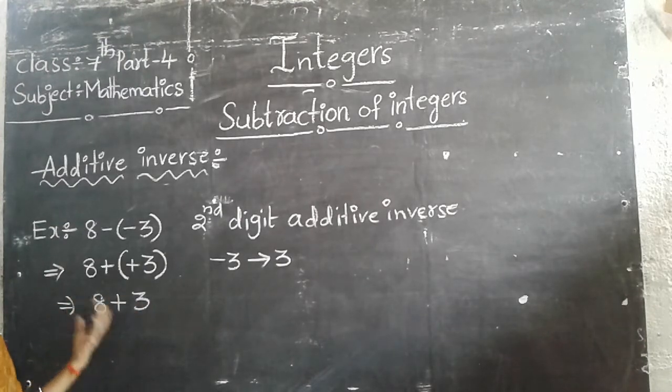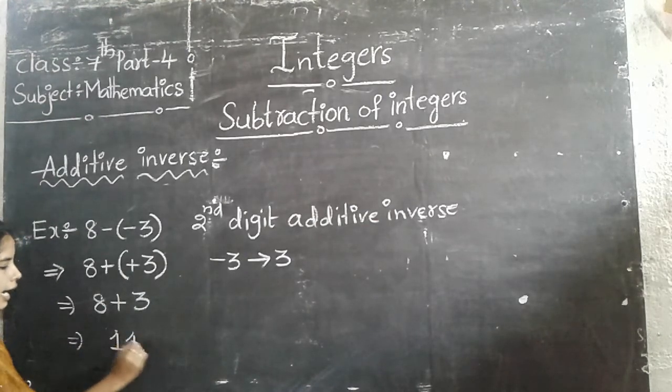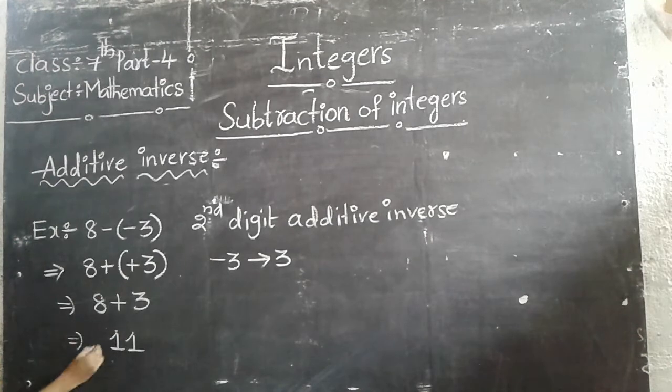For two positive integers, just add them and put the plus sign. 8 plus 3 is 11. So this is the process to subtract integers.